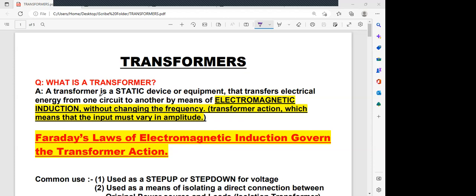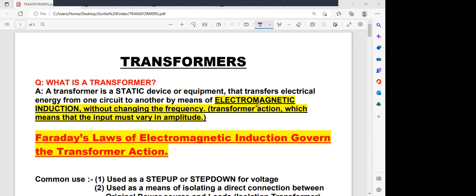Energy from one circuit is transferred to another by means of electromagnetic induction, and most pertinent to note, without changing the frequency. So if you have 60 hertz at your primary, voltage is induced into your secondary at the same frequency. There is no change in frequency.